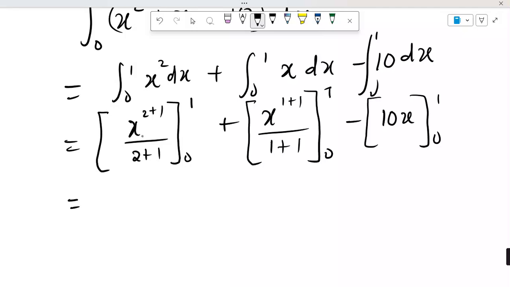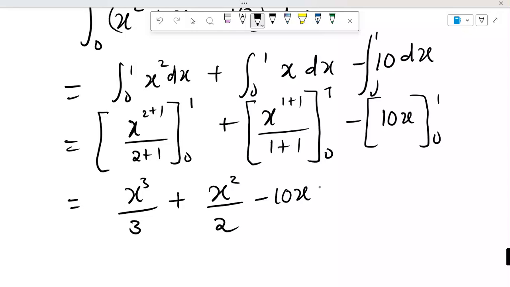So let's continue. This will be x to the power 3 over 3 plus x to the power 2 over 2 minus 10x. Everything is from 0 to 1.